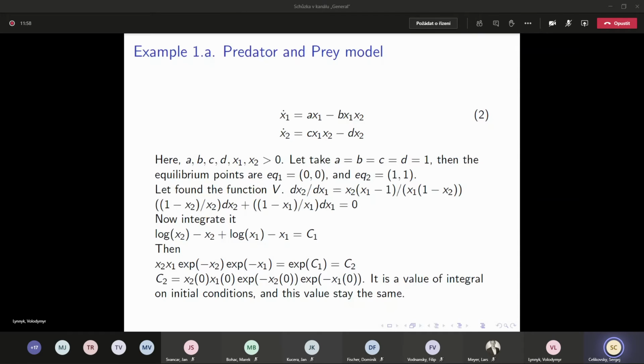So we cannot use the second lemma, which says that if the right hand side is global Lipschitz, then we don't have finite time escape and we have a unique solution existing for all times.